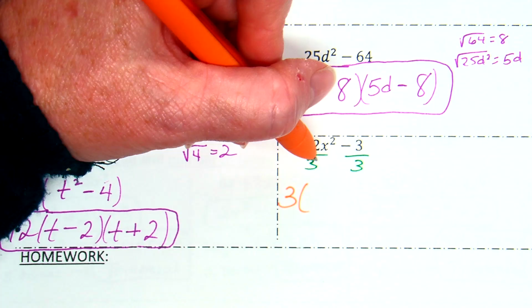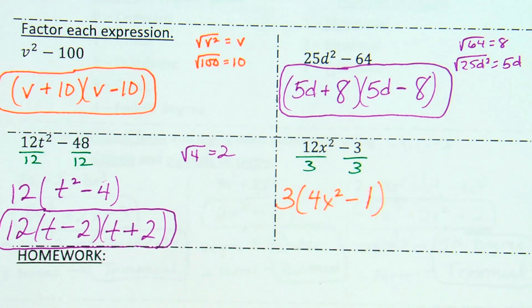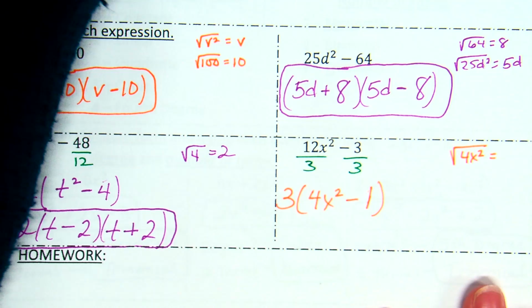So now the question is, can I take those square roots? Can we do the square root of 4x squared? Square root of 4 is 2. So square root of 4x squared is going to be 2x. You could call this one the toughest one or the easiest one. Square root of 1. 1.